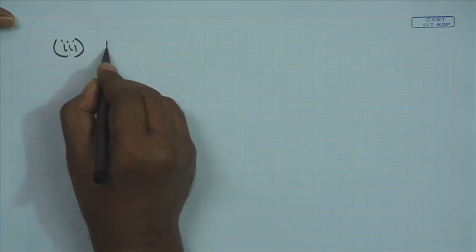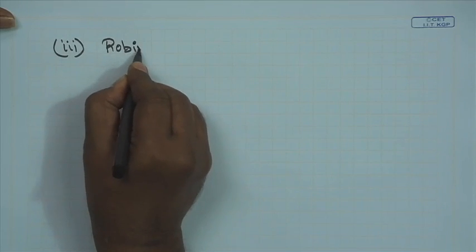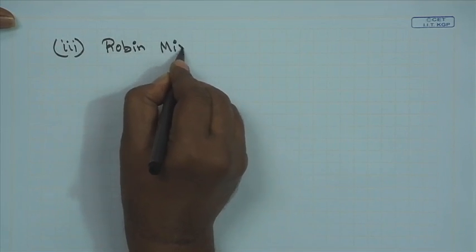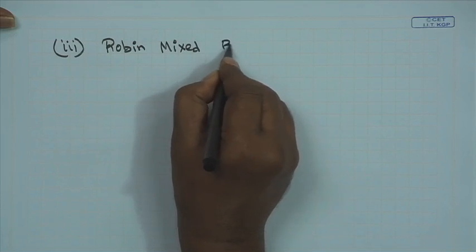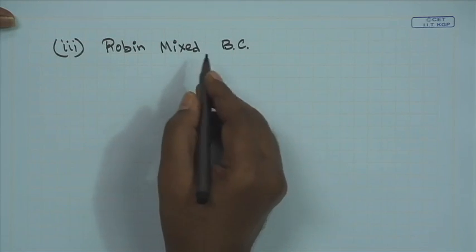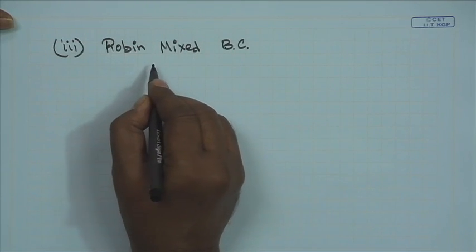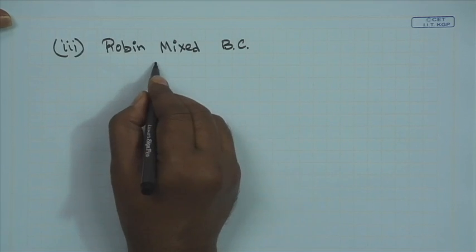So, what is the third one? The third one is a mixed, it is also called a Robin mixed boundary condition. This is a mixture of Dirichlet and Neumann boundary condition.